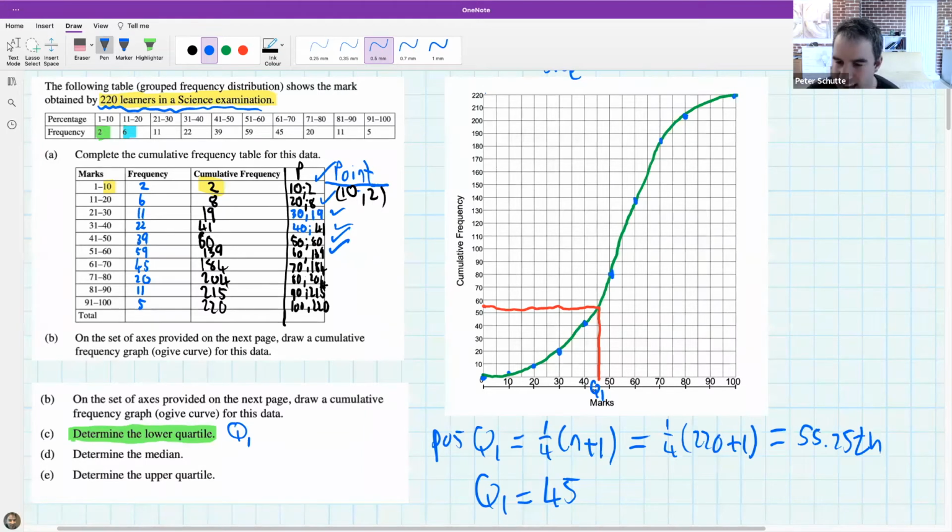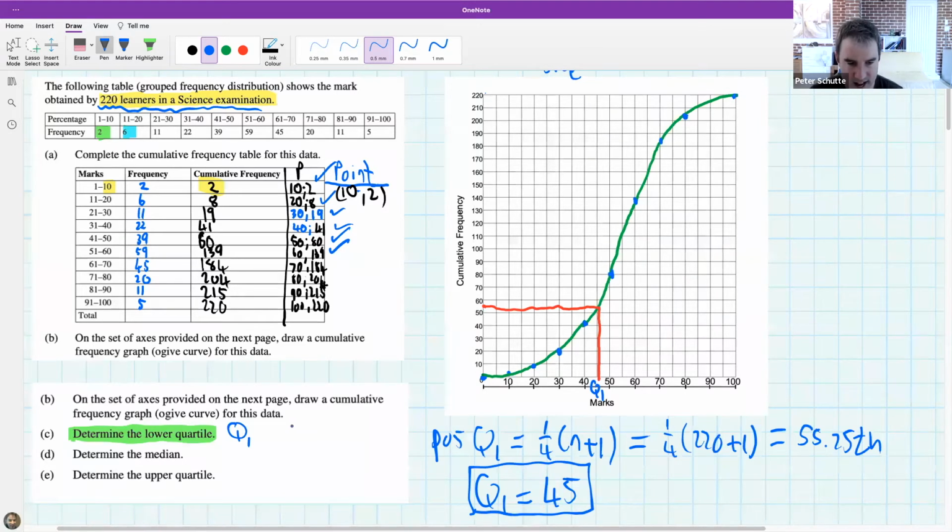Now, what does that actually mean, guys? It means that 25% of the students got below 45% for the exam, and 75% of the students got more than 45. Remember, Q1 divides the data up. So you have found an estimate for Q1 using your ogive.